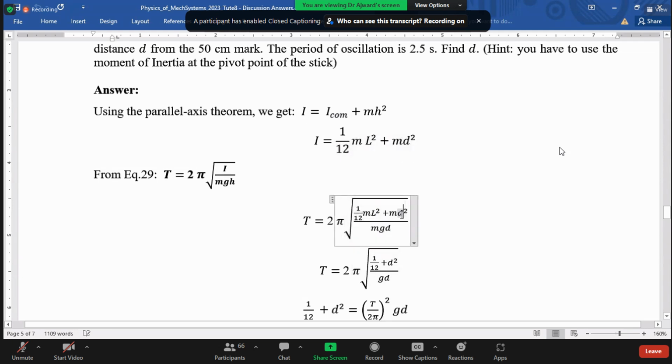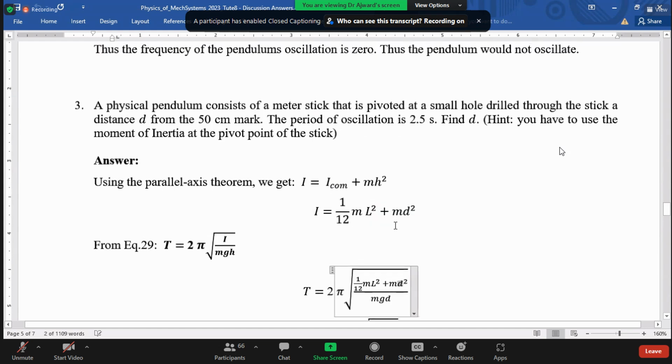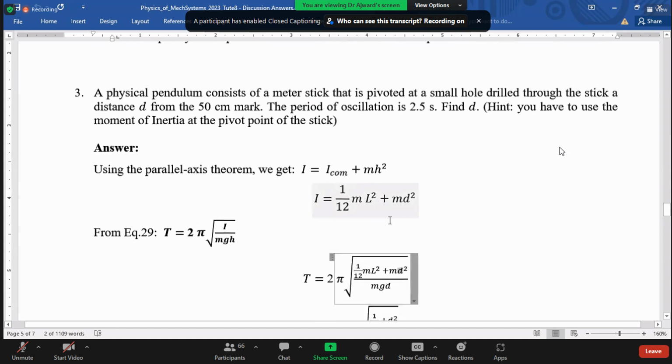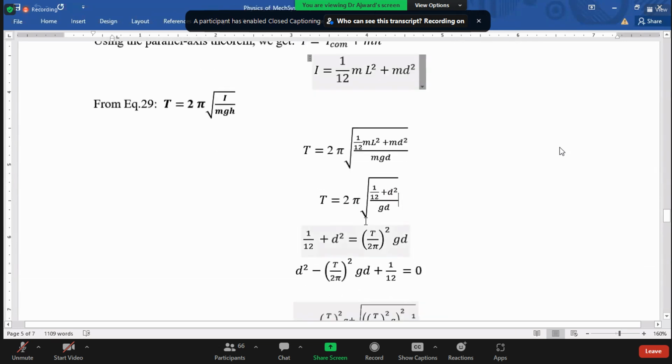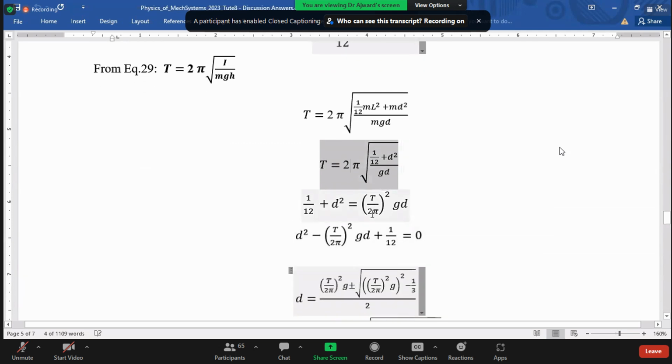So we are actually looking for the simple D. Mass is not given. So hopefully the mass cancels. Of course, the mass cancels. So mass is gone. And you get the period like this. And you can rearrange the equation and take the square of both sides.